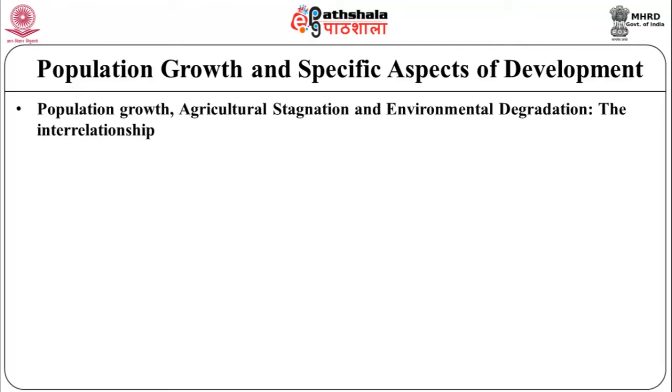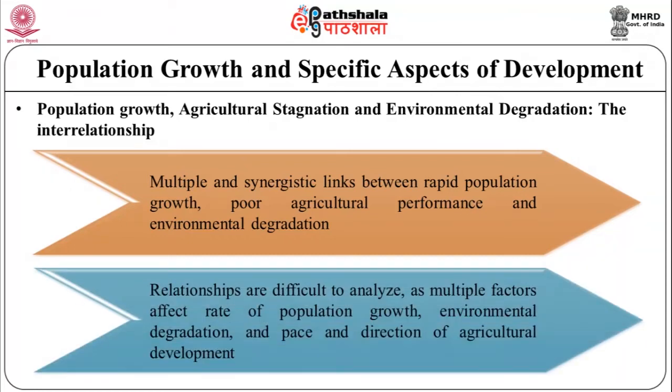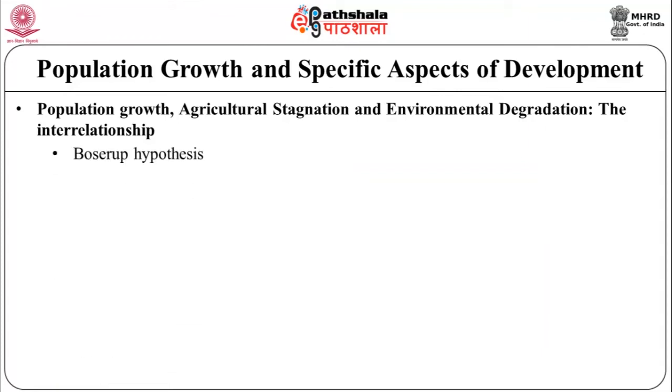Here, the interrelationship: multiple and synergistic links between rapid population growth, poor agricultural performance, and environmental degradation. Relationships are difficult to analyze as multiple factors affect the rate of population growth, environmental degradation, and the pace and direction of agricultural development. Boserup hypothesis.